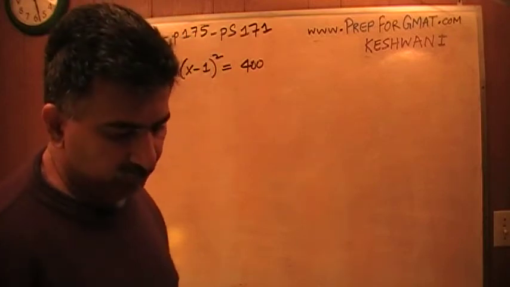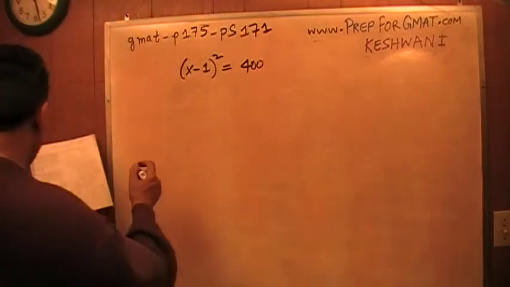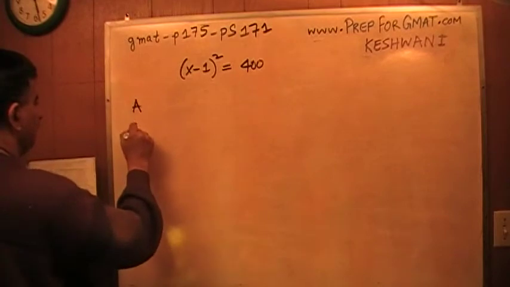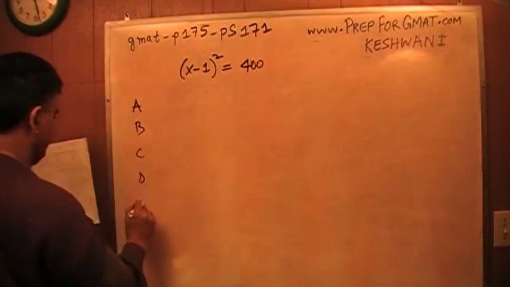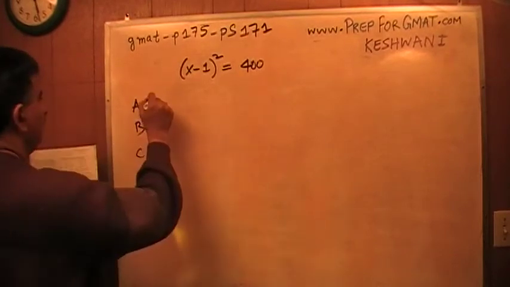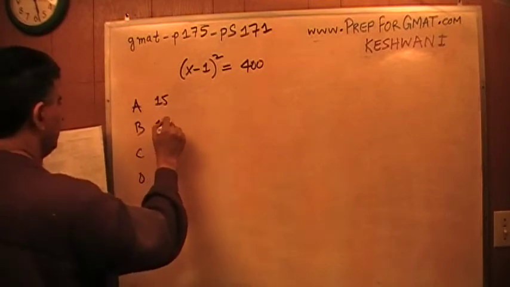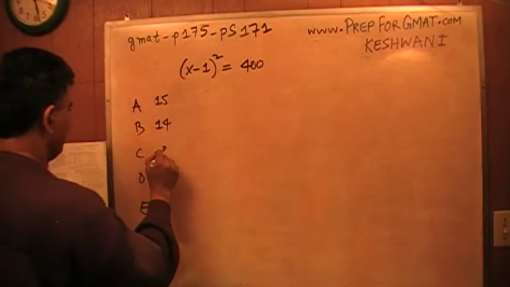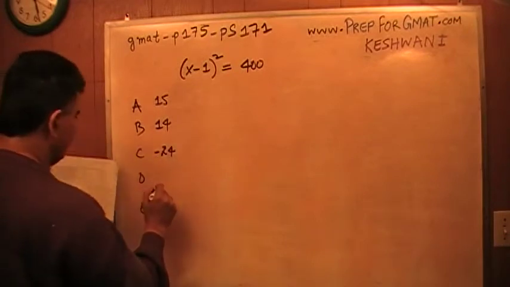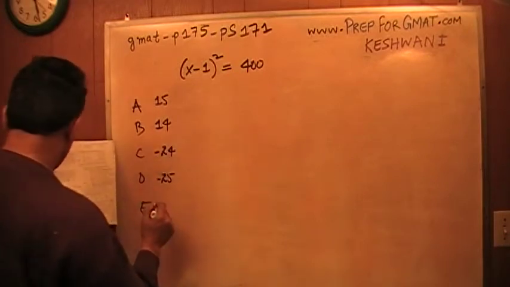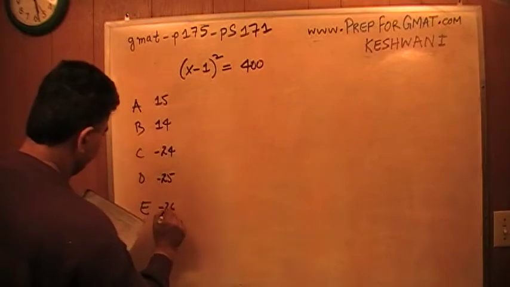It simply says what could be the value of x minus 5, and the answer choices that are given to us are A, B, C, D, and E: 15, 14, negative 24, negative 25, and negative 26.